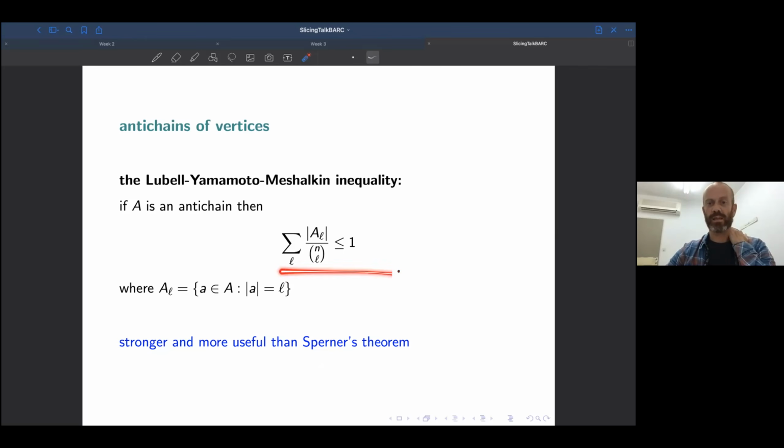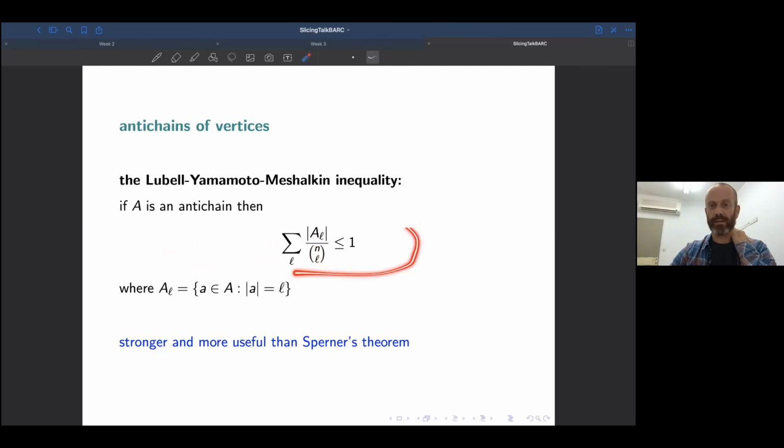So this is called the LYM inequality. And this inequality is stronger than Sperner's theorem, because this is at most 1 over the maximum binomial coefficient times the size of A. So this is stronger than Sperner's theorem.